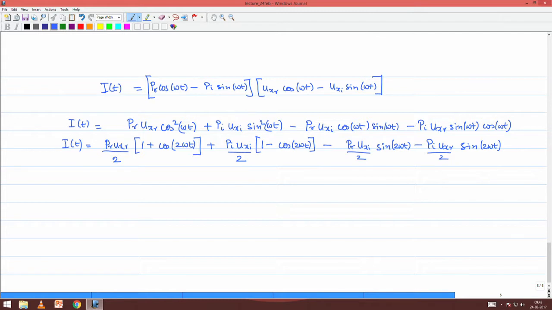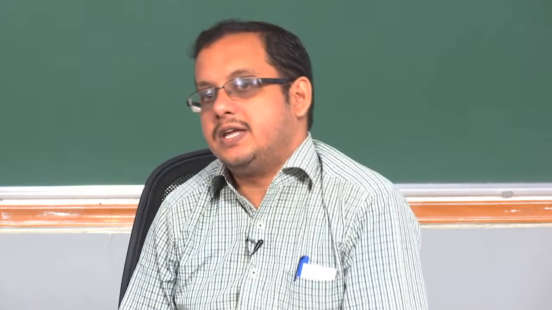Again you get to see that the instantaneous intensity has got a frequency dependence which is 2 omega. Instead of omega dependence, you are getting a 2 omega dependence. This is actually obvious because intensity is a product of pressure and velocity. Both of them have got an omega dependence, which is why the product has got a 2 omega dependence.